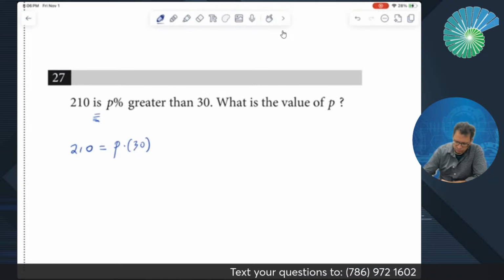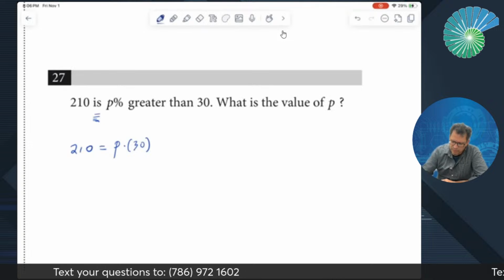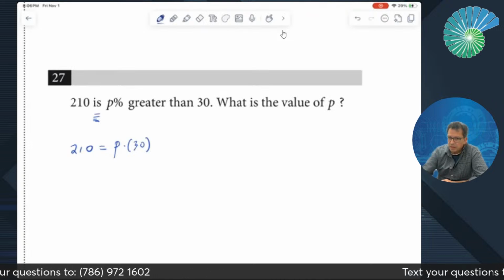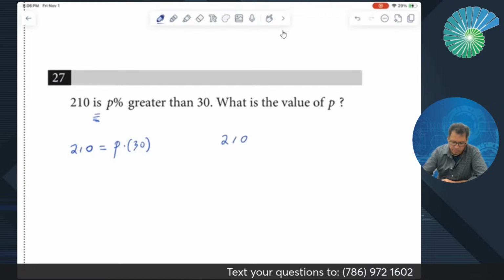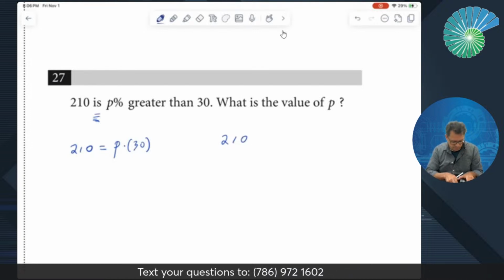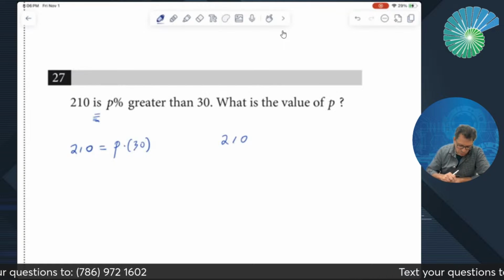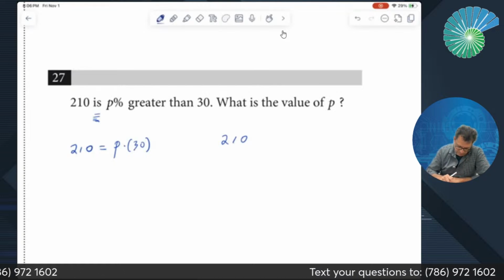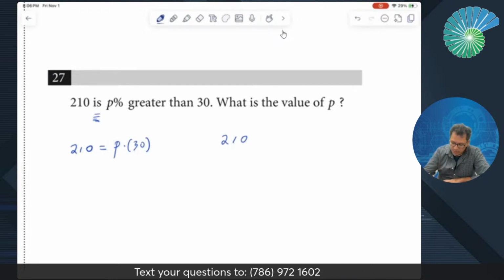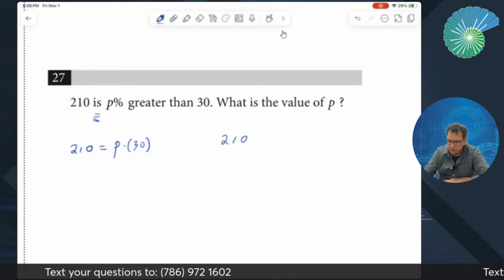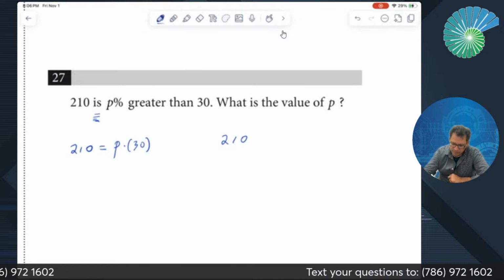Well, actually, if you subtract 30 from 210, you have that 210 is 180 greater than 30.